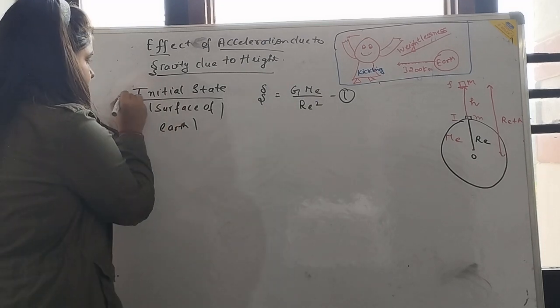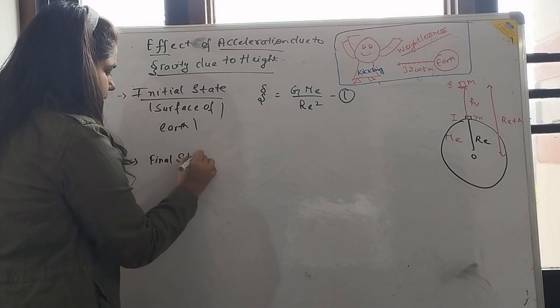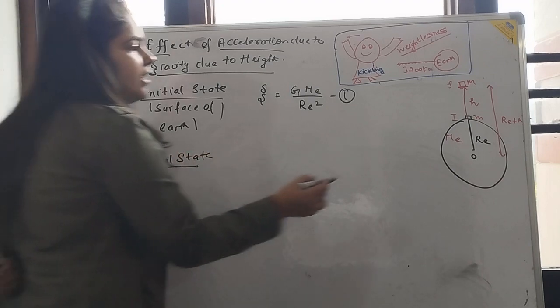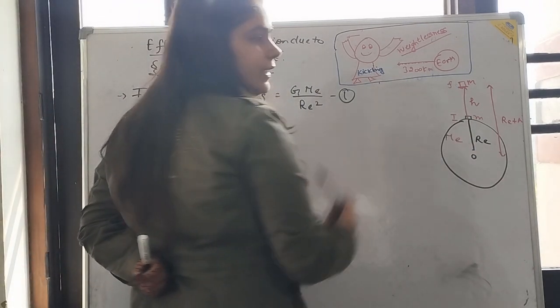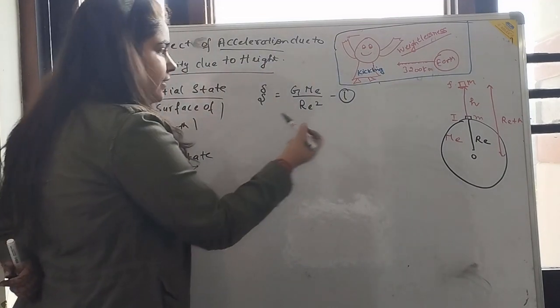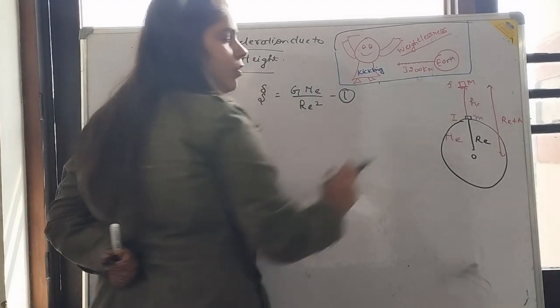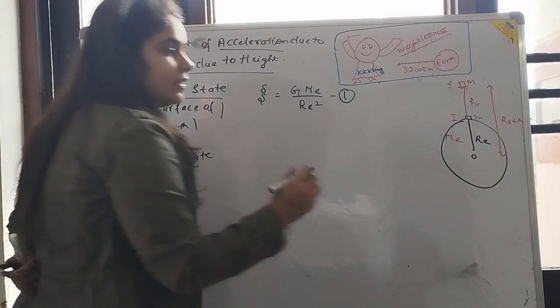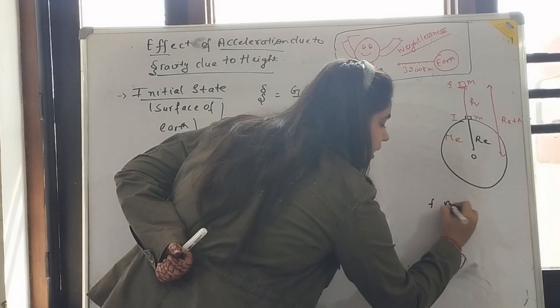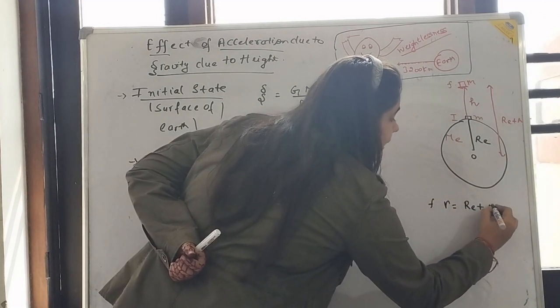Then the final state. I took this object to a certain height h above the surface of the earth. Then the distance between the earth's center and the object in the final state is R equal to RE plus h.